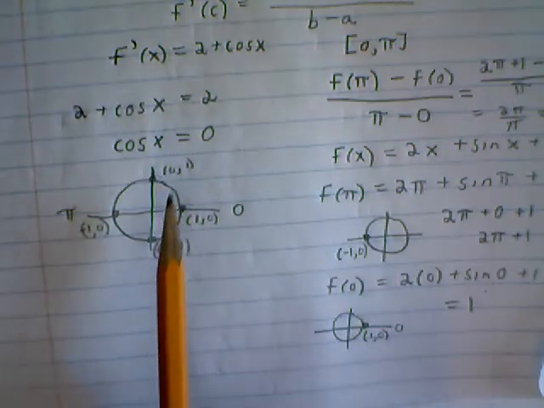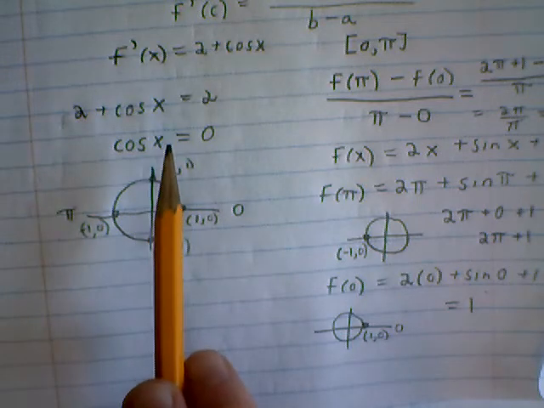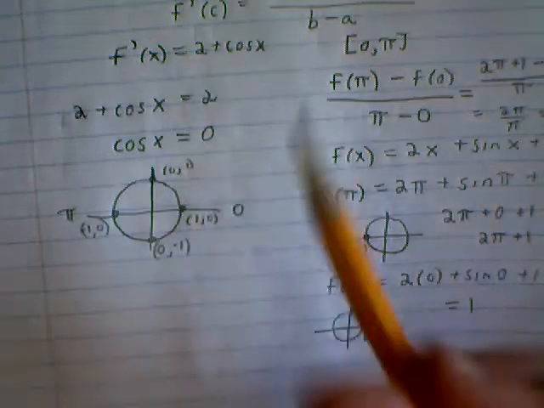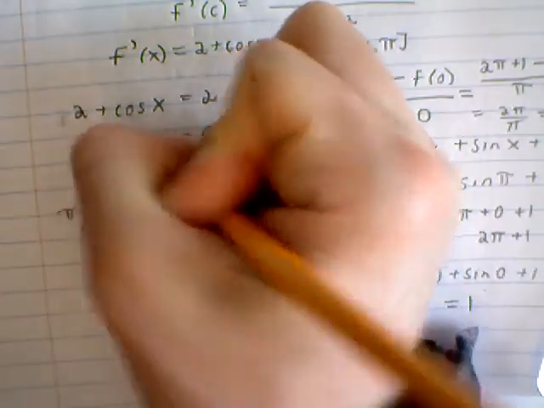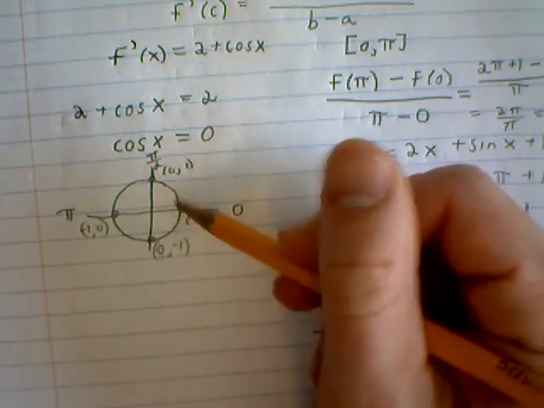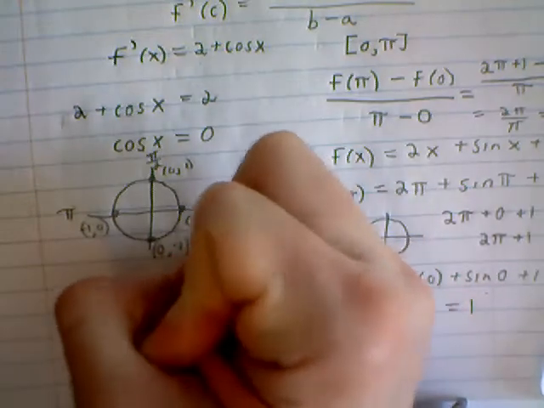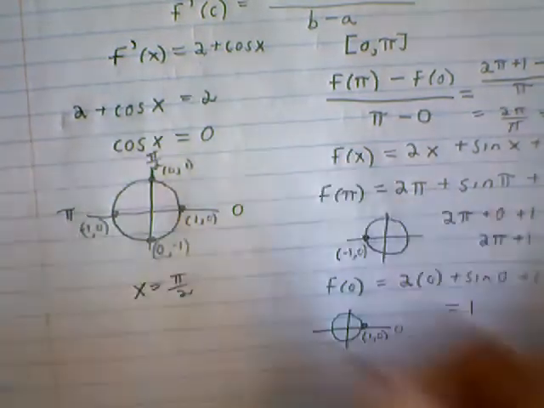There's only one place from 0 to pi where there's an angle where the cosine is 0, and that angle right here is pi over 2. I don't have to worry about this one down here because I'm only talking about the interval from 0 to pi, not 0 to 2 pi. So x equals pi over 2.